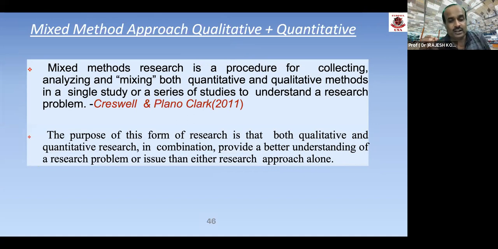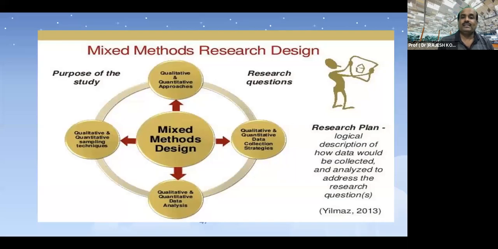Mainly, the combination provides a better understanding of the research problem. This is the way you can mix the designs, at data collection, at data analysis, and when you are using the techniques, such as sampling, you can mix up, taking one as probability sampling and another as non-probability sampling.